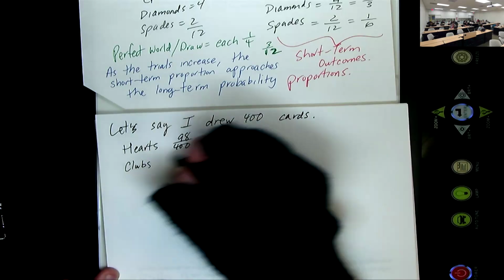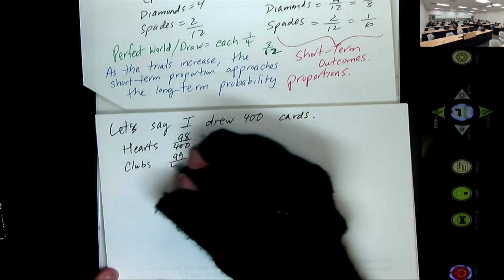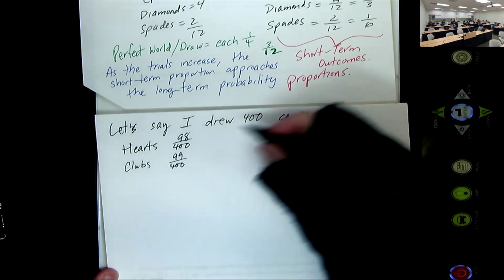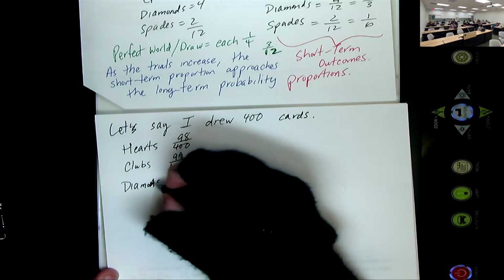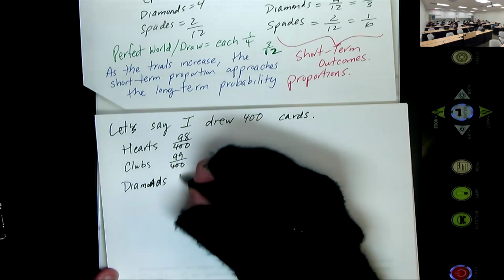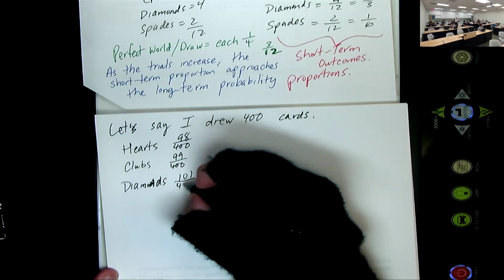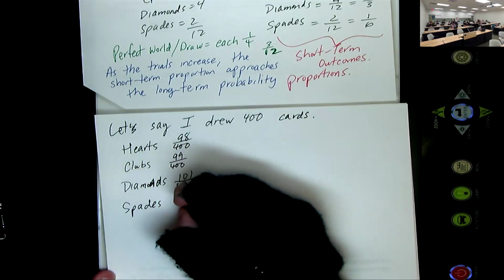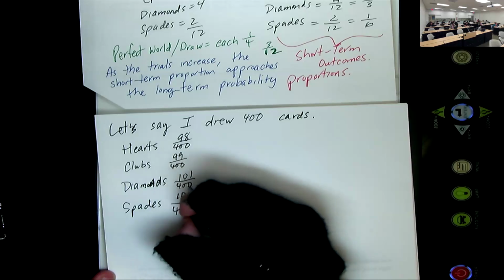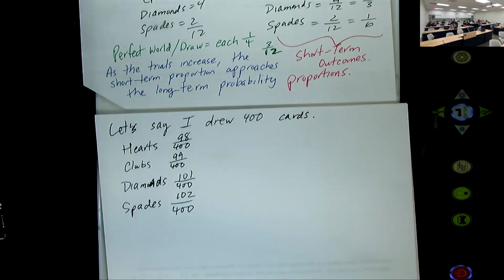Clubs was 99 out of 400. Diamonds was 101 out of 400. And spades is 102 out of 400. Very rarely is it exactly spot on.